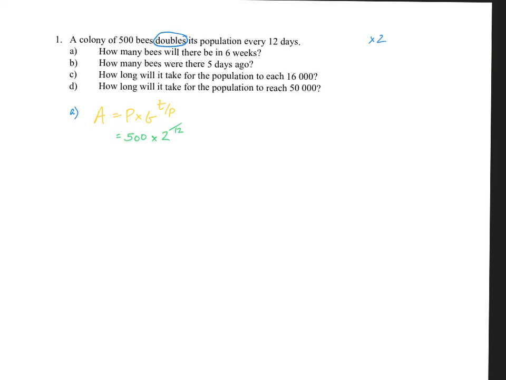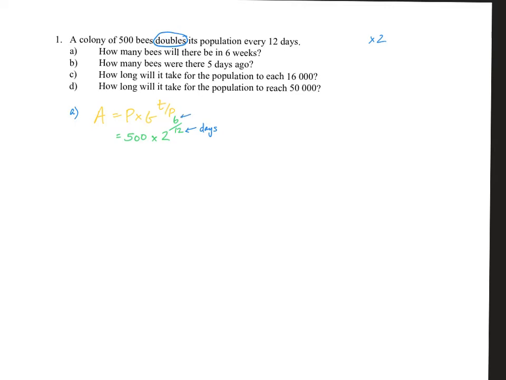Now, question A says, how many bees will there be in 6 weeks? That means that I am subbing in a t value. What I have to be conscious of is that if I did this, I'm missing a key part to this problem. When I plugged in that 12, it was in the units of days. So that defines my exponent to be in days.